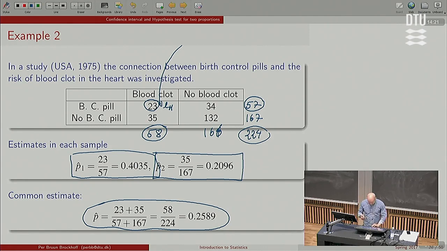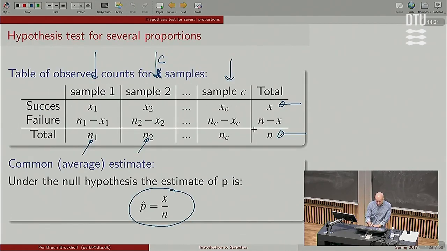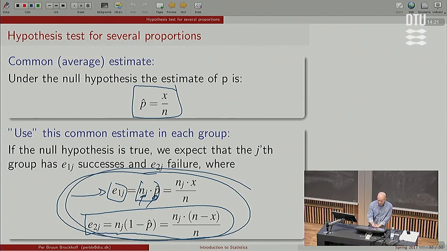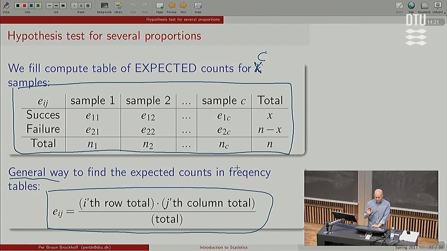This is just the rule of thumb that puts this thing into play. It's the same thing, not a different thing. It's just something that is easy to remember, not so easy to understand why you should do exactly that, but it's easy to remember when you have it. This goes for all sorts of tables, as I already warned.